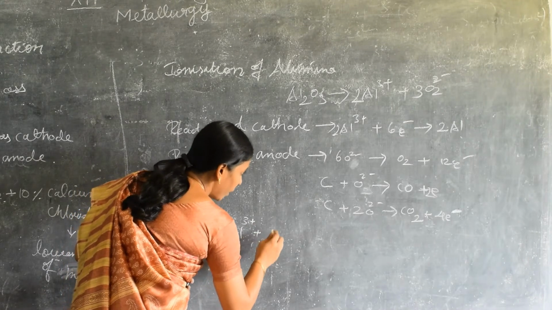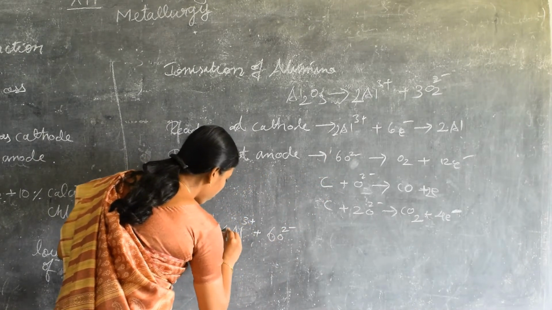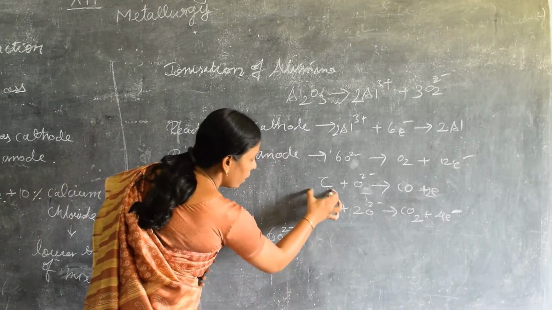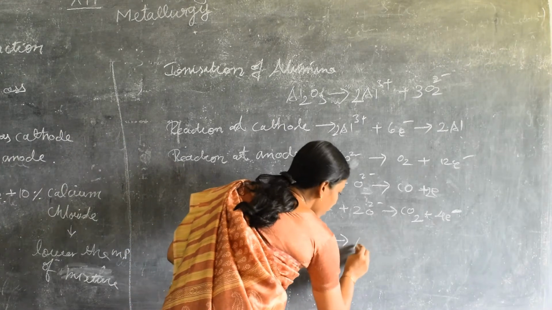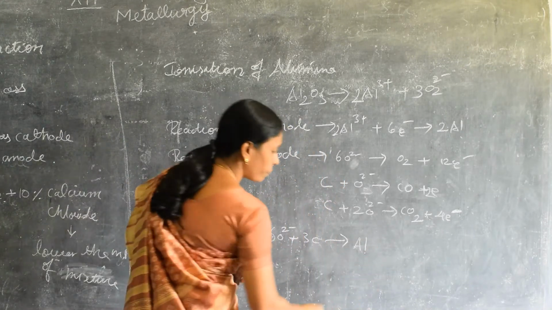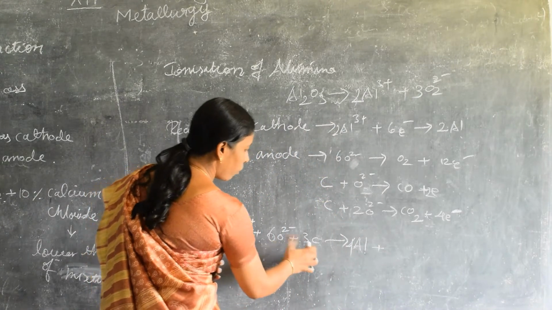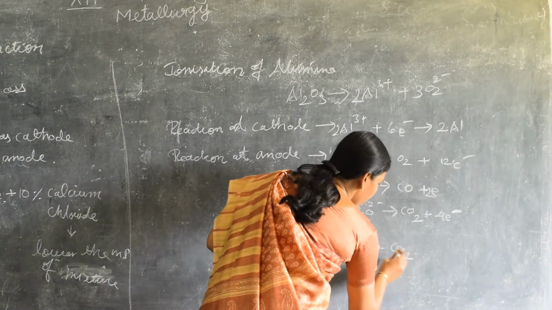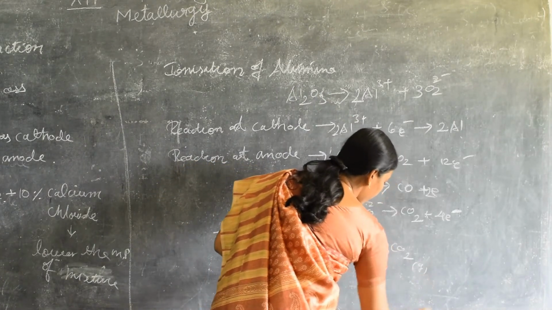2 Al3+ and 6 O2- plus 3 carbon, which gives 4 aluminum, and 3 carbon dioxide is formed. This carbon dioxide is a gas.